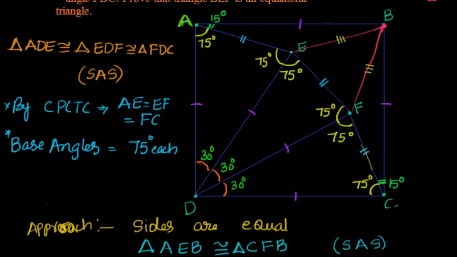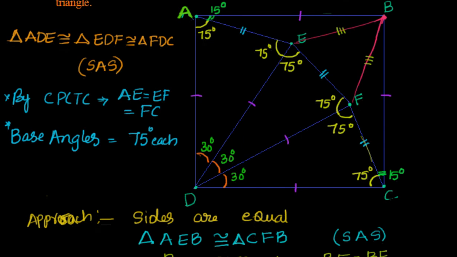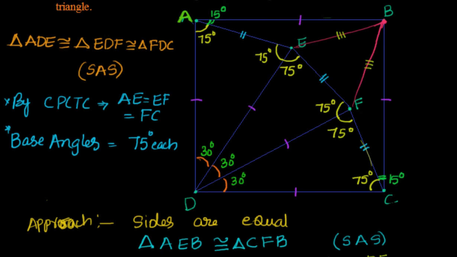Okay, for that what we will do is take triangle AEB and from E drop a perpendicular. So these two angles are 90 degrees each, and with a little bit of calculation you can see that this length is equal to half of the side.